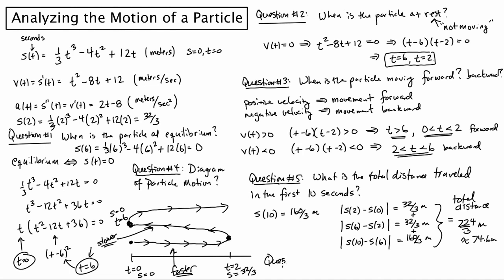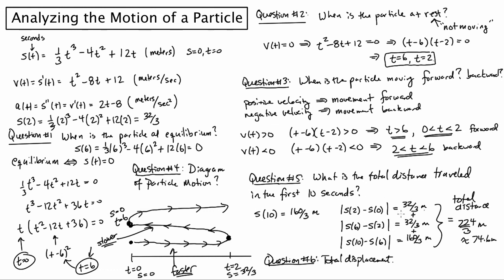Finally, the last question here is, rather than asking about distance, I want to know what is the total displacement. And here's what a lot of students will get question 5 and question 6 confused. The difference is this.